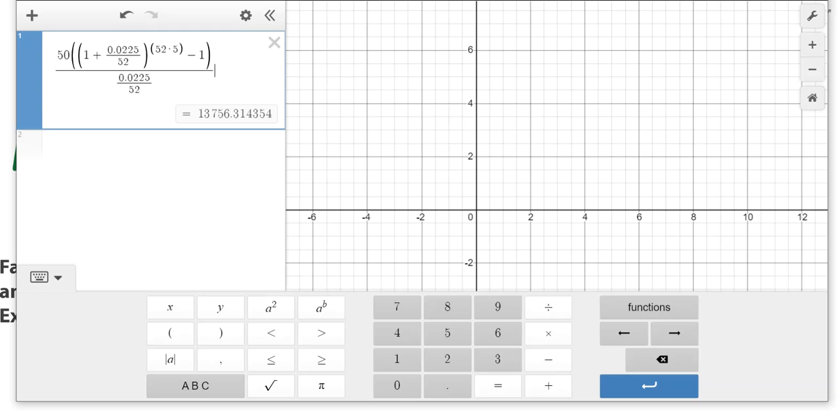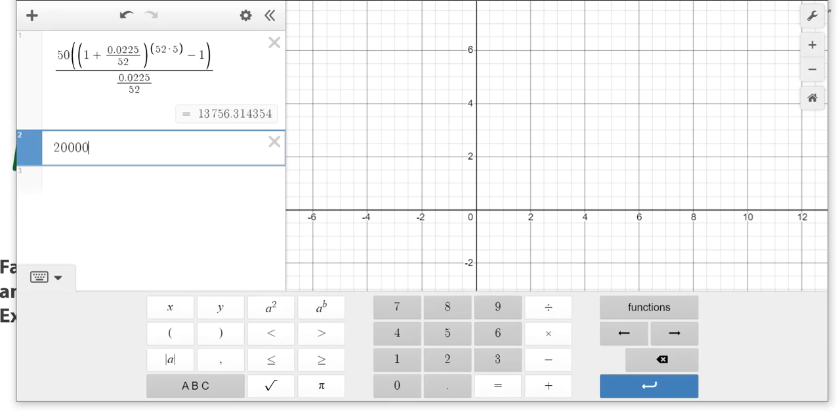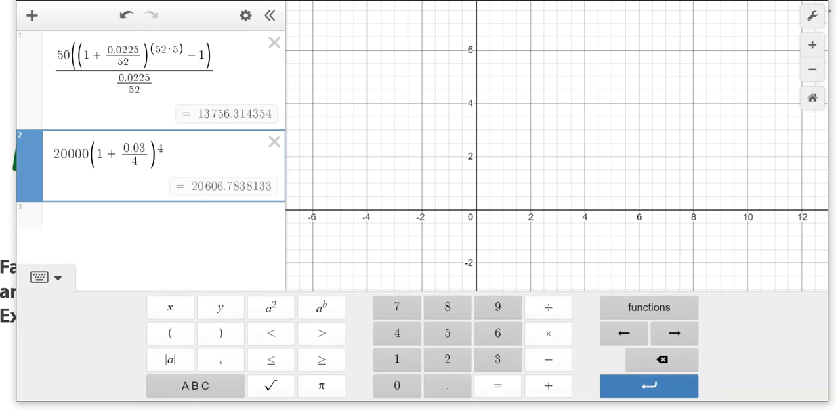Now I'm going to use Desmos to go ahead and calculate this. 20,000, no need for a fraction to begin this one, times 1 plus 0.03 over 4 to the power of 4. Oops, I'm going to need parentheses here.